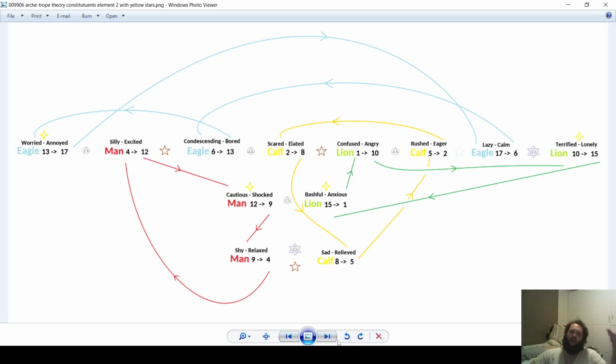In my view, this is what is described in Revelation when it talks about the four beasts around the throne of God that are essentially praising the throne.